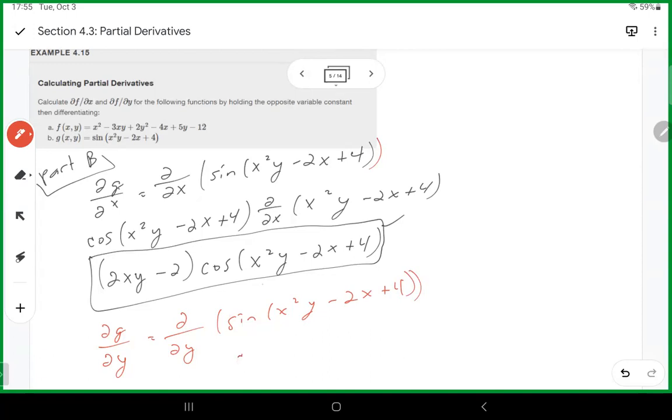So we're going to end up with, again, cosine. And then we're going to end up with just x squared in the front.